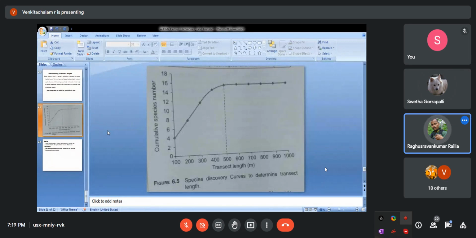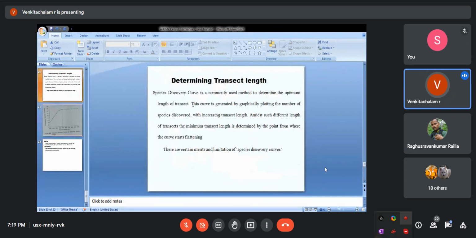Sir, can you brief it again? This is the explanation for the curve, and we have to determine the optimum length of the transect. For determination of the length, we use the species discovery curve. After getting all the information, you enter it into the data sheet, in an Excel sheet, and get a graph of the particular transect.